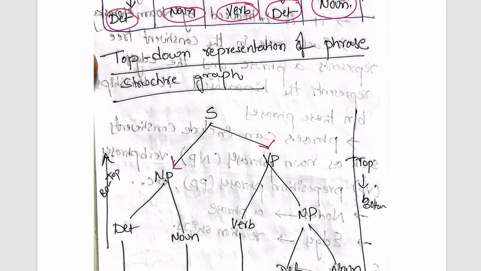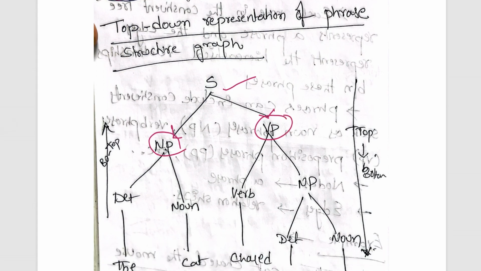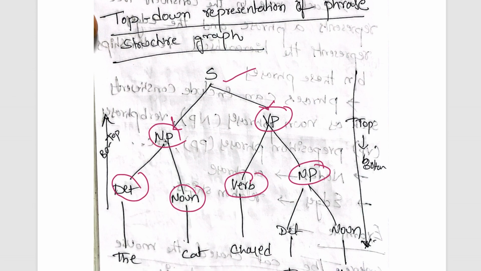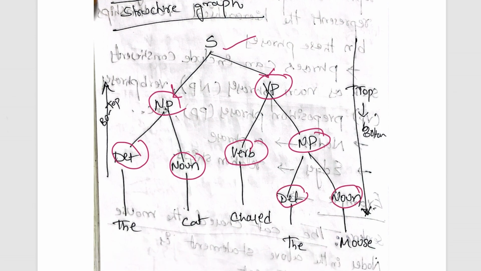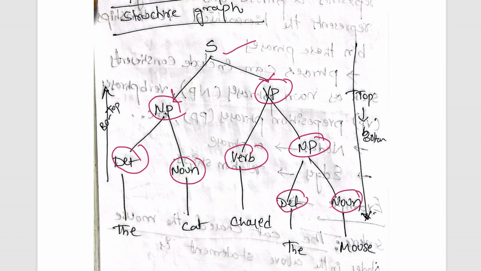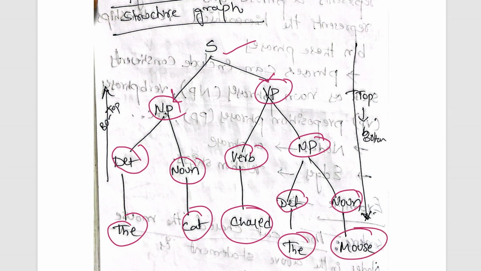Remember the grammar: sentence is noun phrase and verb phrase, noun phrase is determinant and noun, and verb phrase is verb and noun phrase. So now we understand the parts of speech tagging in the given input sentence, the cat chased the mouse.